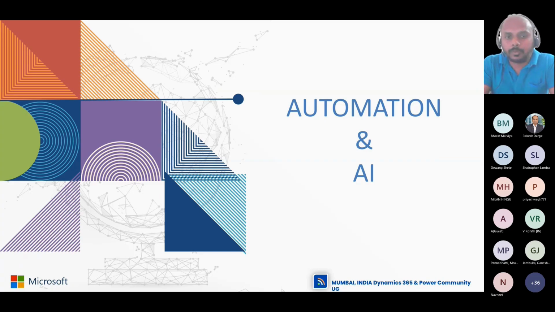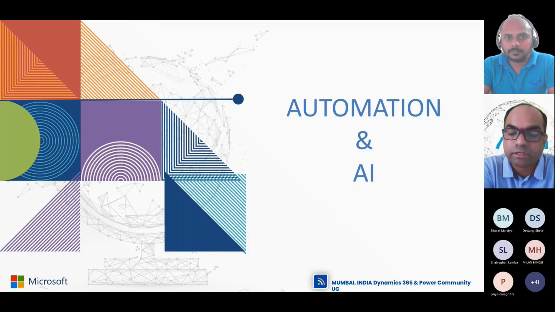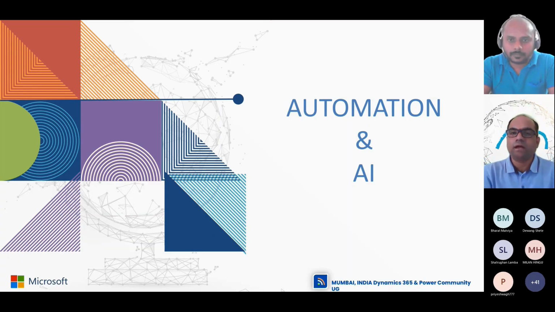Am I audible first? You are audible, Sanket. In my view, automation is a set of processes that need a set of activities to be triggered without human intervention. It can be scheduled or it can be triggered by a human. And AI on top of that automation, in my view, identifies those areas where humans can spend more time focusing on what matters, rather than spending time on configuration, inputting data, and so on.